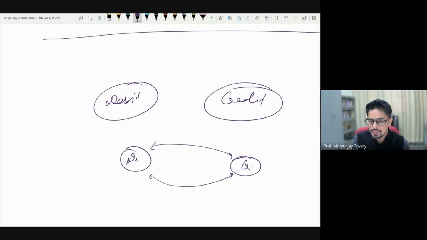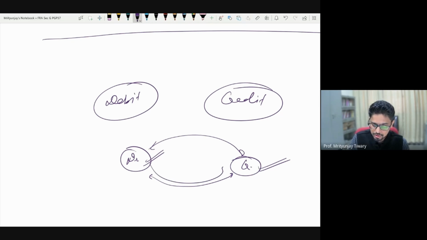The only meaning is that if this name has been assigned to something, then the name credit should be assigned to something of opposite nature. So the only rule or concept involved here is that these two terms are opposite of each other.